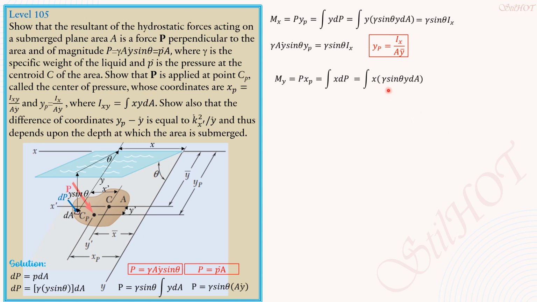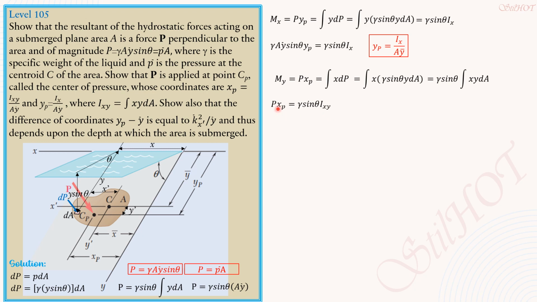So putting gamma and sine theta before the integral sign, then we have integral of xy dA. And integral of xy dA is the product of inertia of area with respect to the xy axis. So P times x sub p therefore equals gamma sine theta Ixy. So that's the product of inertia.